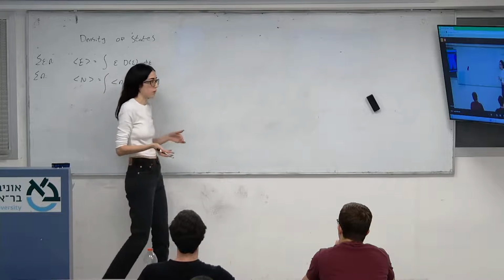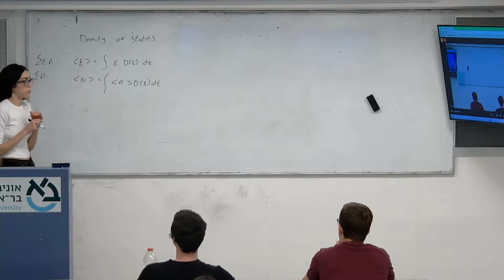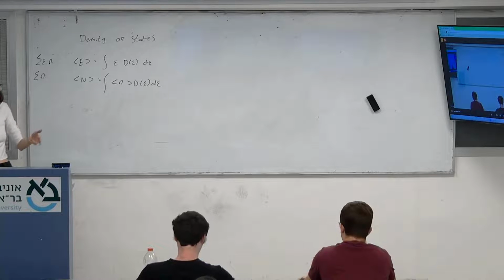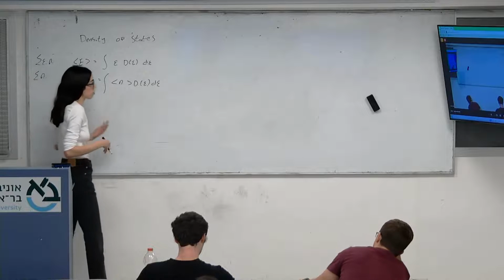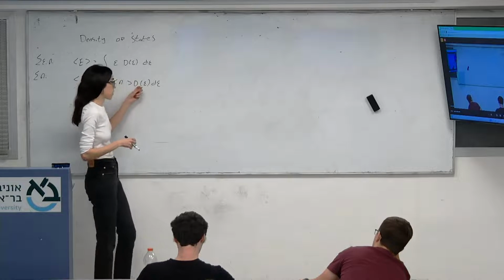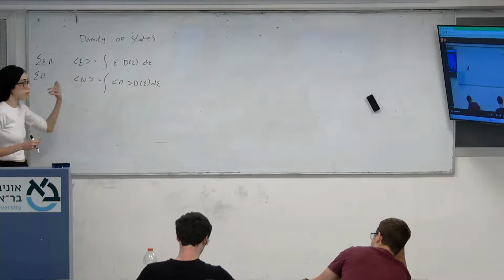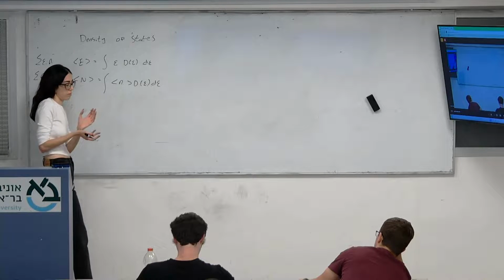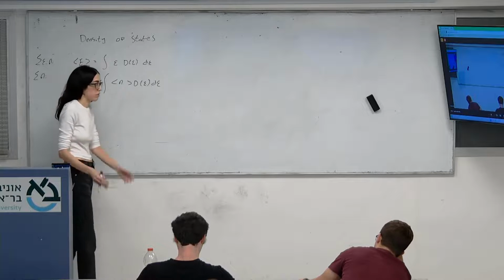If you remember from quantum mechanics, we take a particle in a box of some size, and then we take the size of the box to infinity. But eventually, when we find the density of states, the size is going to cancel out. So even if the box is infinite, it doesn't matter because it gives the same results.